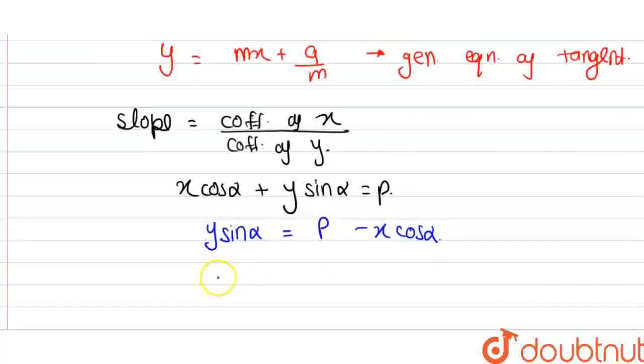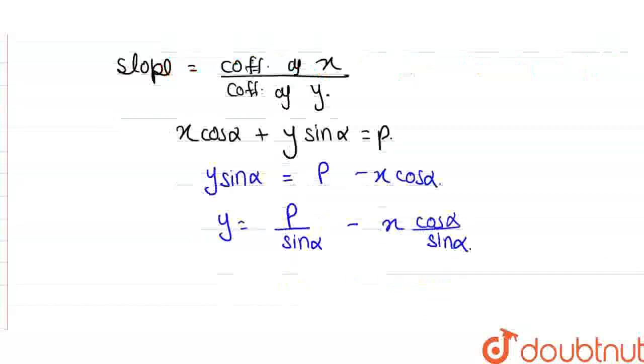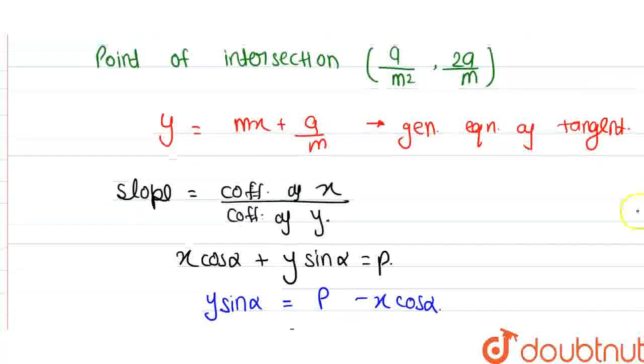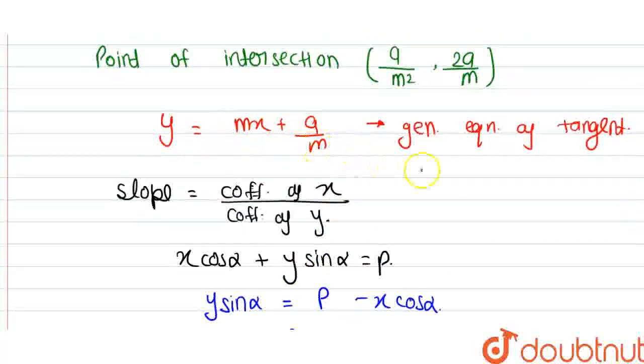Now divide both sides by sin alpha. So we get y equals p by sin alpha minus x cos alpha divided by sin alpha. Now we can write y is equal to minus x into cos alpha divided by sin alpha plus p by sin alpha. Now compare with our standard equation, that is y equals mx plus a by m.